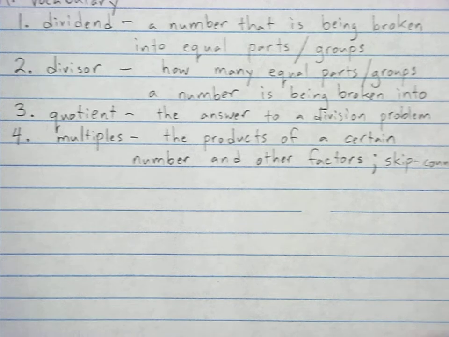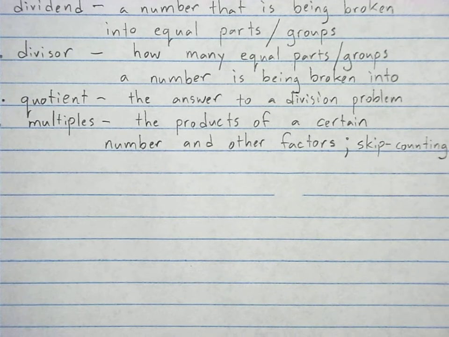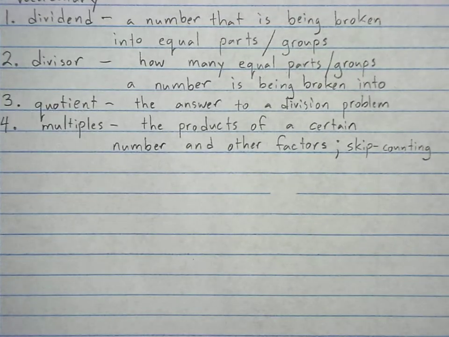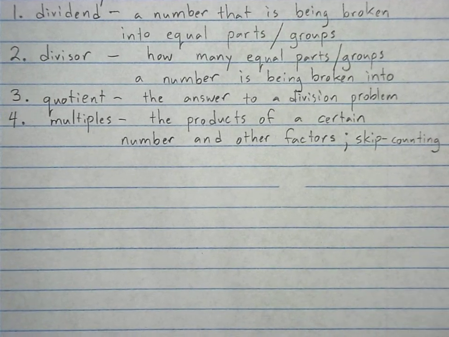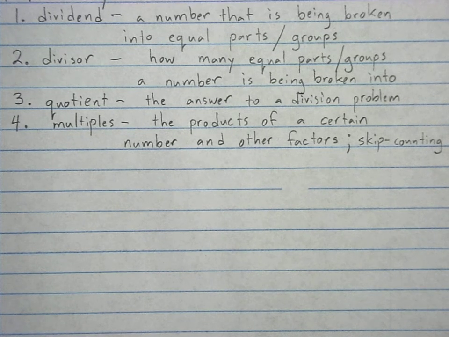I'll go ahead and slide that over so you can see it. Skip counting. Okay. All the multiples of, let's stick with 3. The multiples of 3 are 3, 6, 9, 12, 15, and so on. There are obviously quite a few more than that, but just to get us started. Okay. So there's our vocabulary. Make sure you've got that copied down.